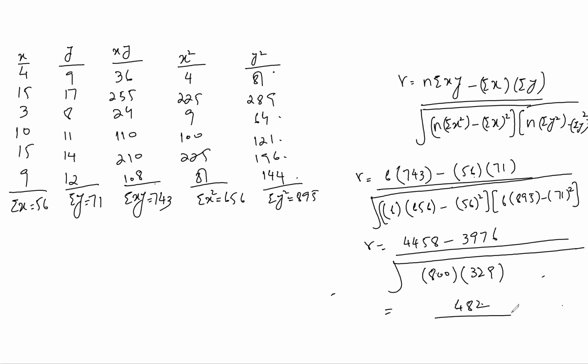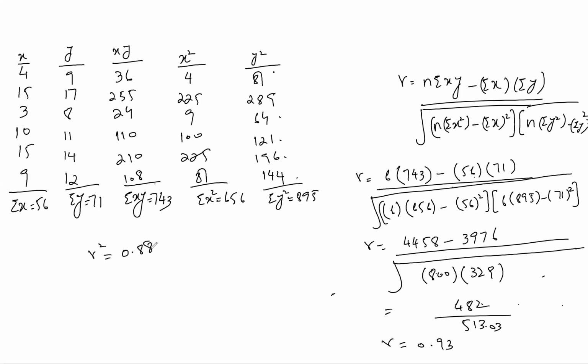And if I take its square root, it is 513.03. So our R is 482 divided by 513.03. R is 0.93, and if I take its square, it is 0.88.